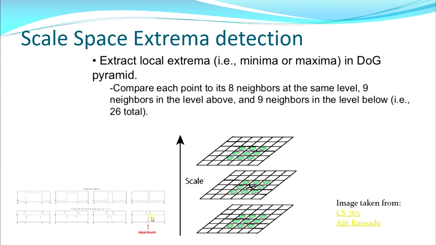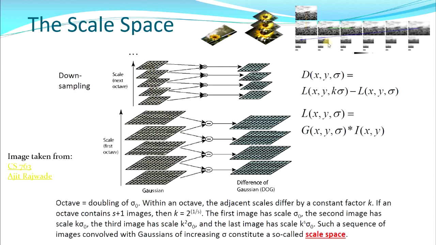Now we saw that we need to take the maximum. This maximum will tell you the location of a blob. Since we are scaling the image, and we are also using different values of k sigma, in one particular octave we have different scales of the difference of Gaussian, and in the next octave we are scaling the image.